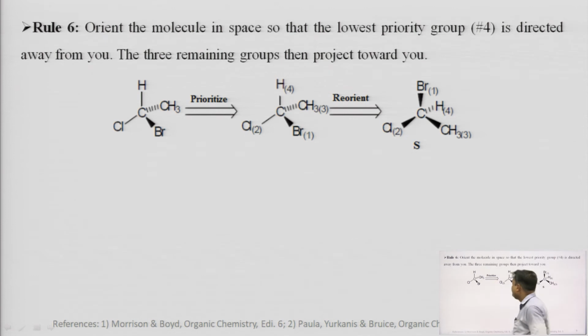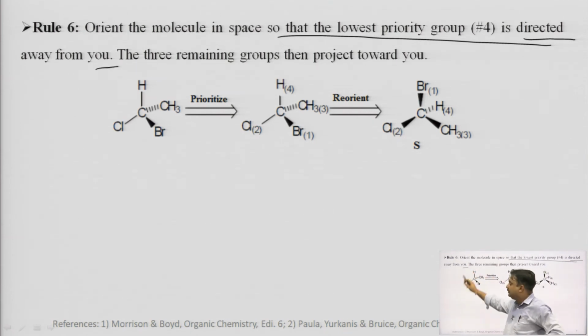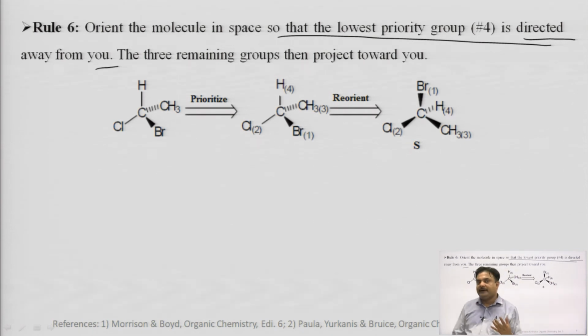Rule number 6: orient the molecule in space so that the lowest priority group 4 is directed away from you. In the beginning I told you that when we are going to give the priority, we have to keep the group of lowest priority away from the observer.